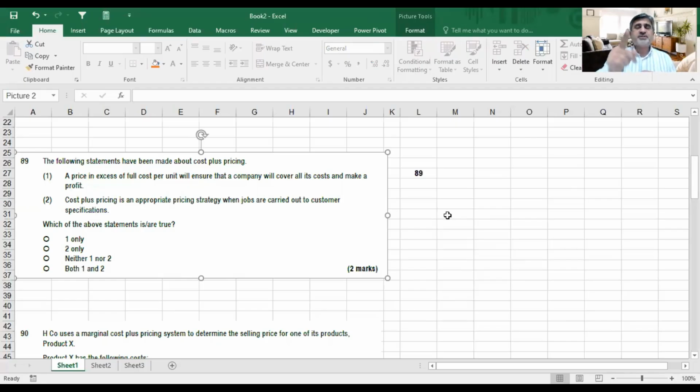And by the way, cost plus pricing, I call it a traditional method. It has a lot of internal focus and you do not consider your customers. You might be making a lot of wastage in your systems and ultimately you want to recover that wastage from your customer. I am buying extra materials, I am paying more, I have more wastages, I am paying overtime.